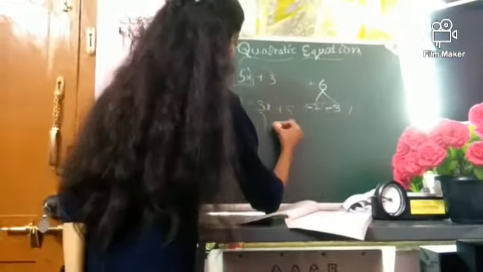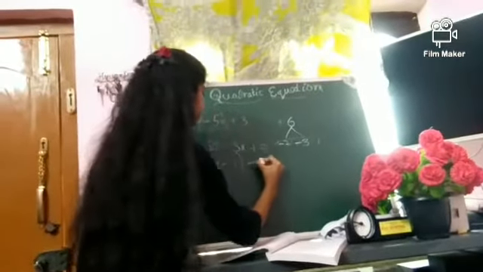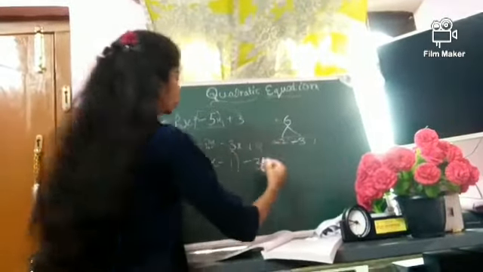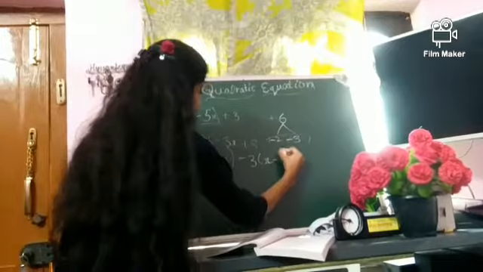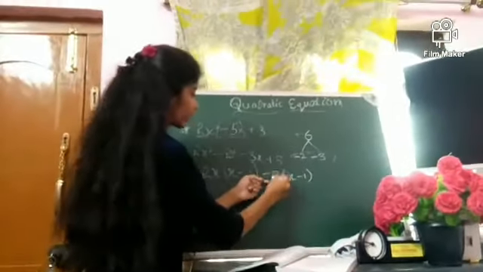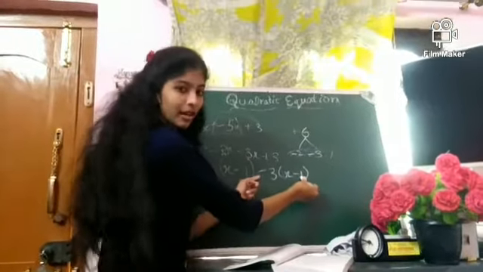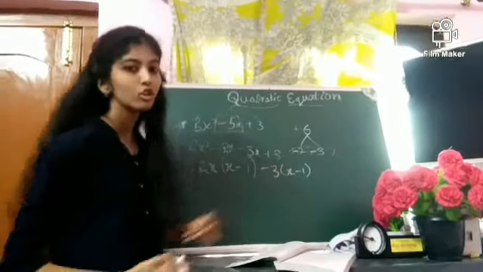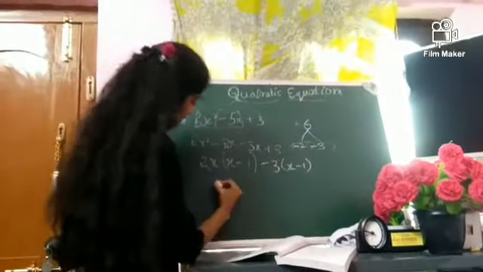Then here 3 is common in both, so x minus 1, this and this should be the same. Here minus 3 into x is minus 3x, minus 3 into minus 1 is plus 3. So it is over. Correct?